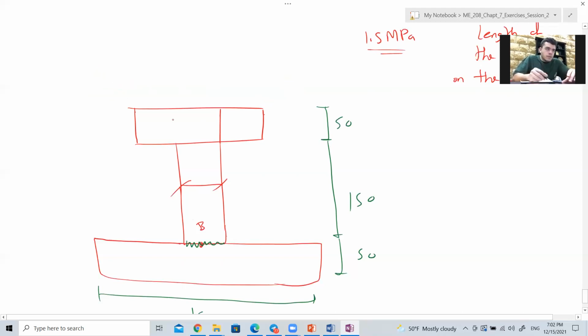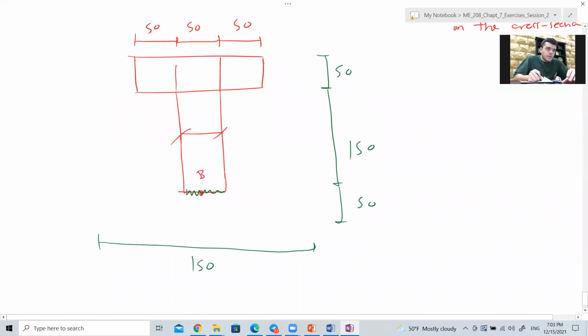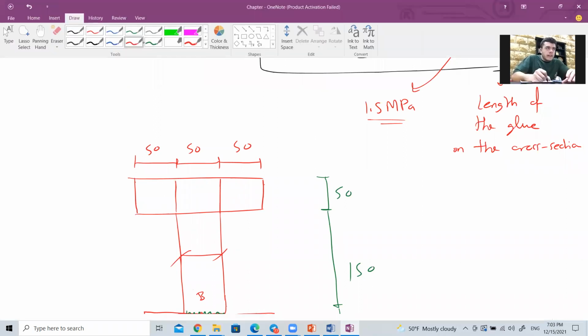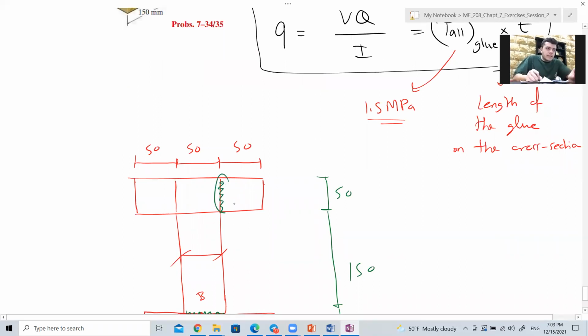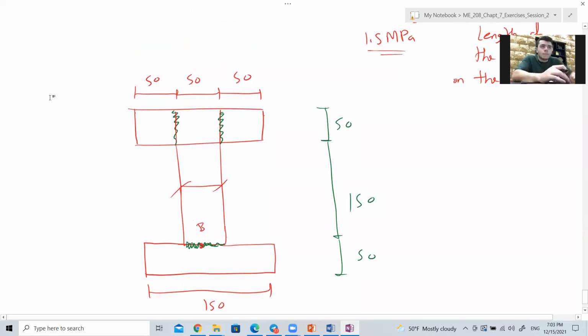So I'm just عندك 50 50 50 من تحت we'll have something like this. هذه الكروس سكشن اللي هي هي كلها رح تكون 150. So the length of the glue at D, which is this, is equal to this length, and the length at this is equal to this length, but the length of the glue at B is equal to this length. In this case, all of them are going to be equal to 50.